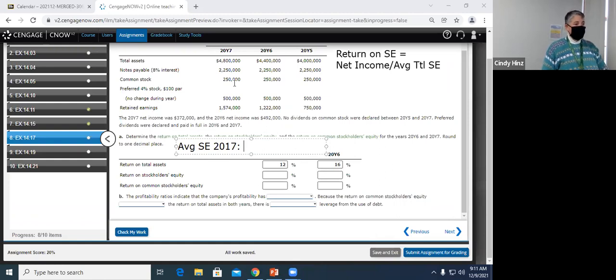So we're going to add those 3 parts for 2017, those 3 parts for 2016, and average them together, divide by 2. And I got $2,148,000.